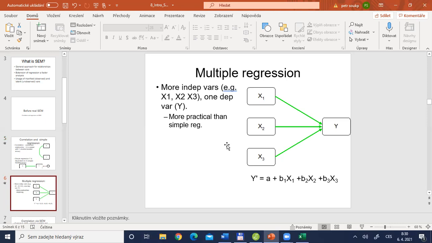Maybe correlation arrows for independent variables. Yeah, there should be one arrow, second arrow, the third arrow. So it means that in structural equation modeling, it is usually expected that independents are related to each other.